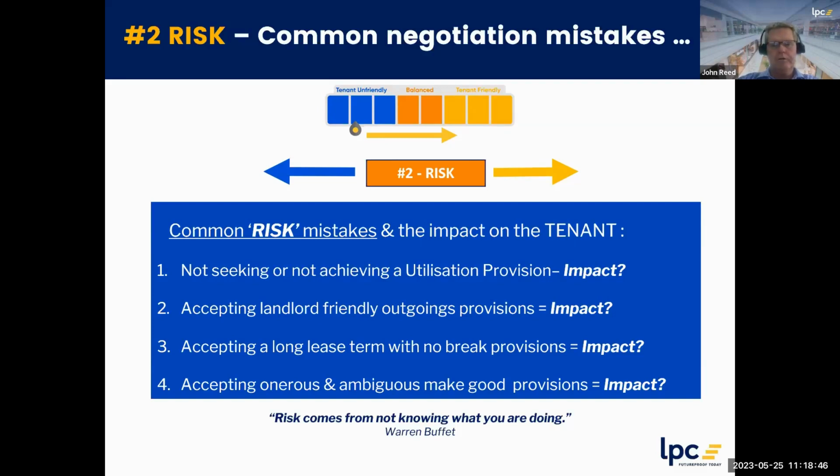You may have a make good provision which gives you a double rent type obligation, the exiting premises and the new premises. It may also have certain standards and so on that are costly to implement from a make good obligation. So accepting onerous and ambiguous make good provisions is a common mistake.